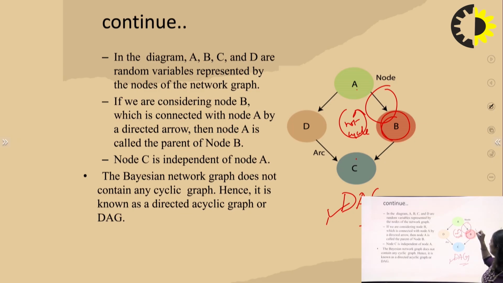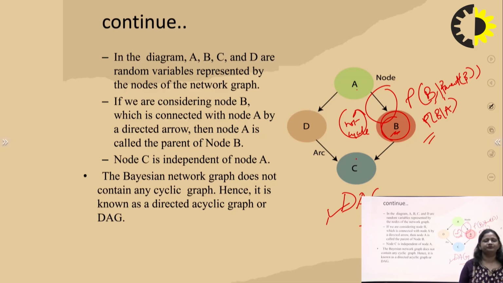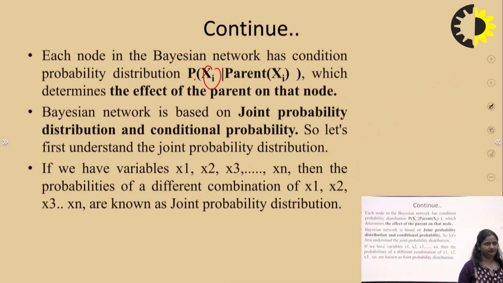This means the probability of B given its parent A, that is, the probability of event B given the effect of its parent node A. It describes what will be the effect of the parent node A on variable B.